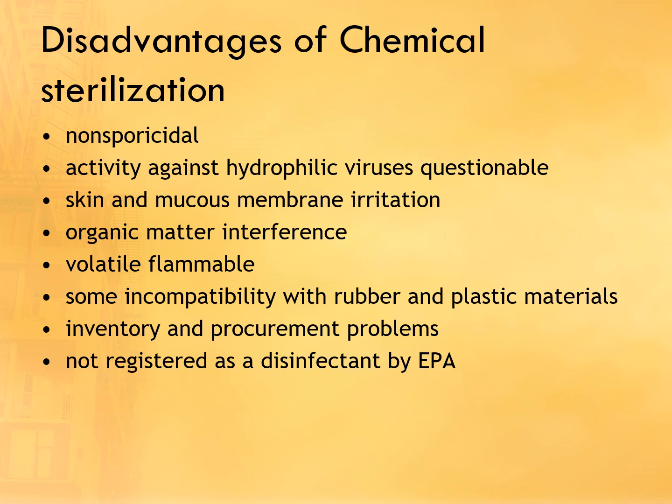Volatile organic compounds like isopropyl alcohol, ethanol and methanol are flammable. There is some incompatibility with rubber and plastic materials, there are inventory and procurement problems, and some are not registered as a disinfectant by the EPA.